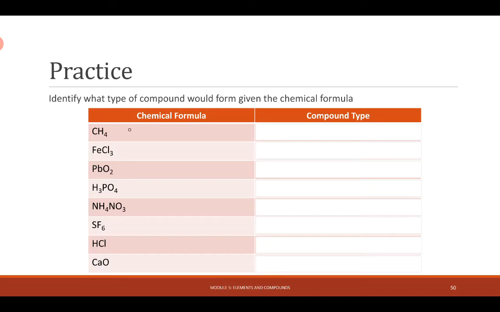So if we look on our periodic table, carbon and hydrogen are both nonmetals. I know that hydrogen is in the alkali metals, but it doesn't behave as a metal. So H behaves as a non-metal.